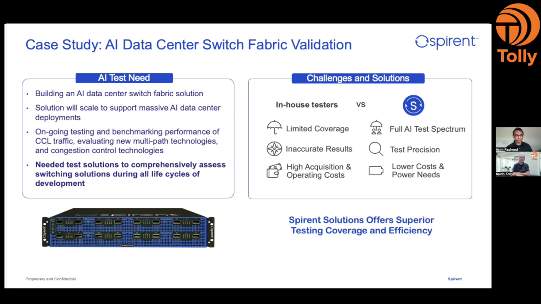So they partnered with us to run tests using Spirent solutions that were consistent and emulated real-world traffic patterns, and that afterwards provided detailed statistics on the performance of their AI fabrics. This helped them evaluate their fabric architecture using a neutral third-party solution.